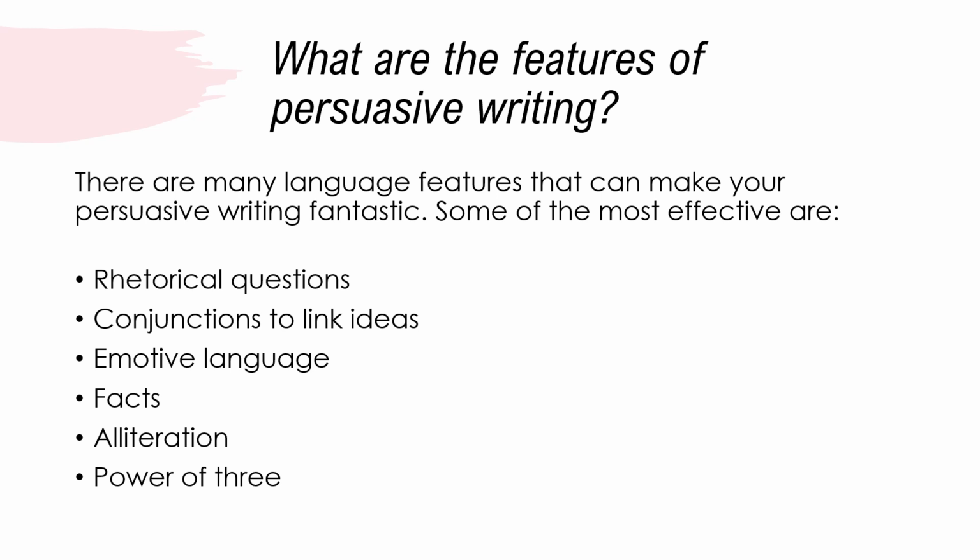Got this phrase here, or these words, sorry, that say emotive language. Now, if you look at that word emotive, it sounds very similar to emotion. And that is what emotive language tries to do, create emotions within your reader. These could be positive emotions or negative emotions, depending on how you want them to feel. So you might describe an ice cream as delectable, delicious, outstanding.